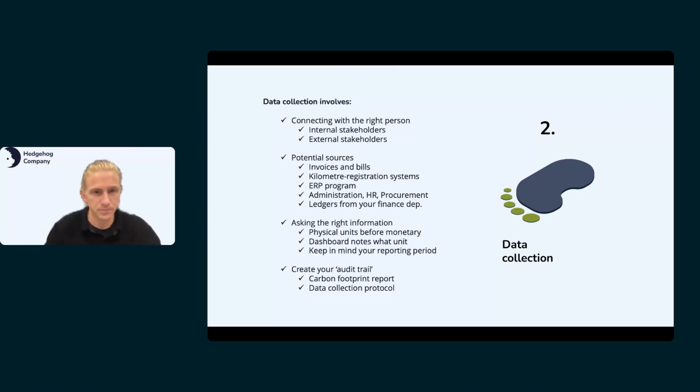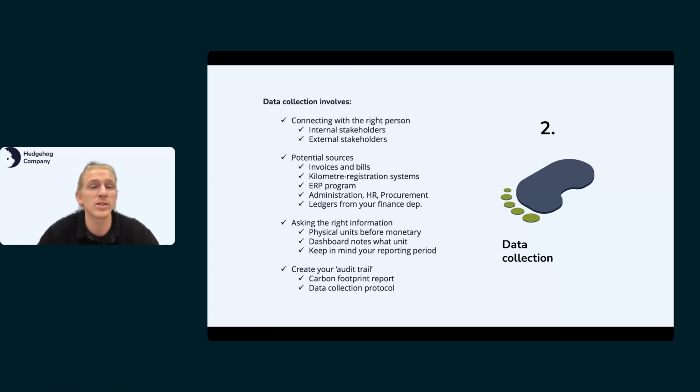on procurement. Then there is, of course, what kind of data are we looking for? I mean, we're speaking of data the whole time, but what is this data? First of all, we are mostly looking for physical units before monetary units.